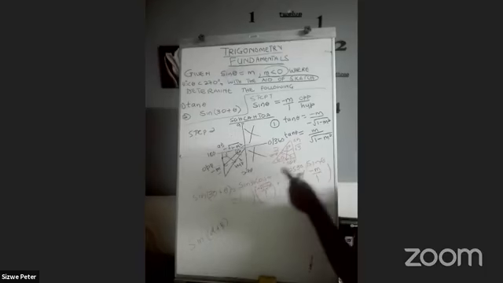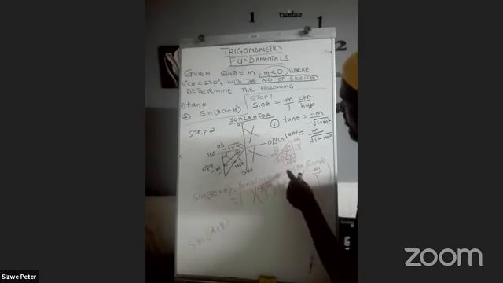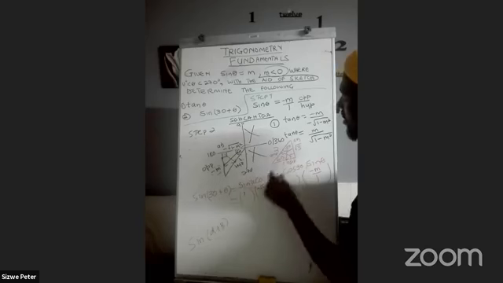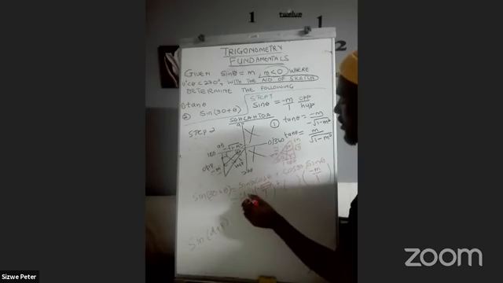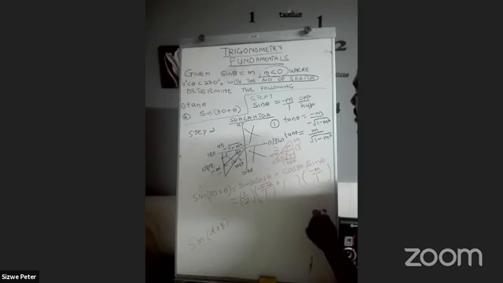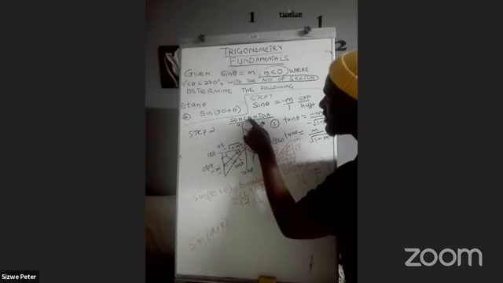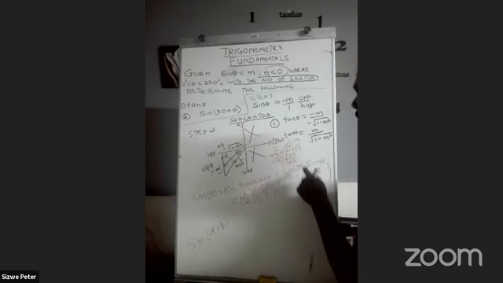So, what is sine 30? Sine is opposite over hypotenuse. What is my opposite? It is 1. But what is my hypotenuse? It's 2. Then let's come to cos 30. Cos, according to SOH CAH TOA, it's adjacent over hypotenuse. What is my adjacent here?